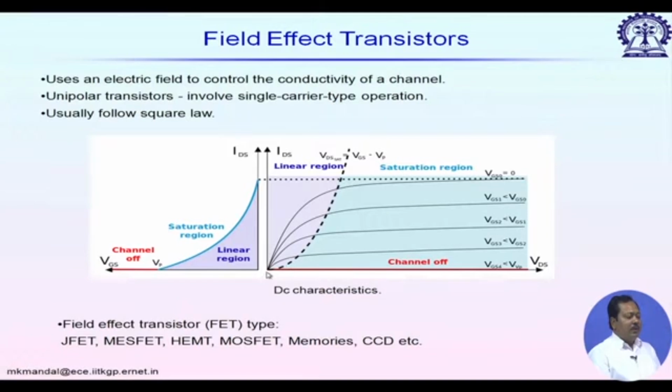So, after this pinch off effect, in the saturation region, we can represent a MOSFET by a current source, and this current value can be controlled by the gate to source voltage. Below this region it behaves as a linear device, or we can replace the drain to source by a resistance.